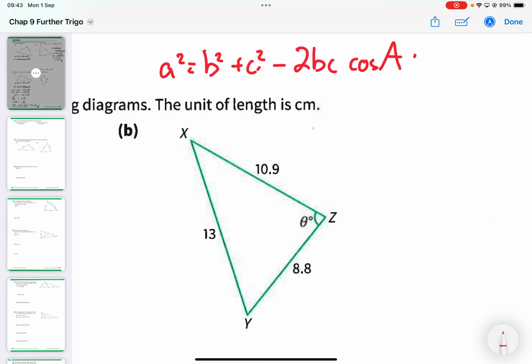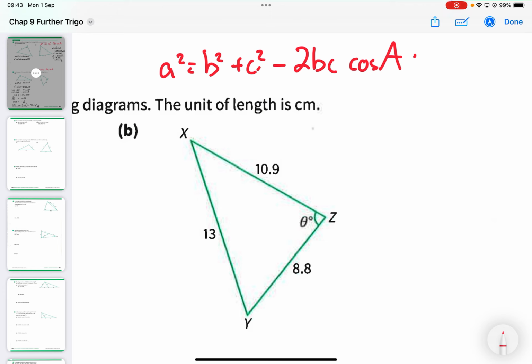So again, there is no pair of angle and side that we know. No right angle, cannot use SOH CAH TOA. No pair that we know, cannot use sine rule. So only can use cosine rule. When you know the 3 sides, you don't know any angle, then your only choice is cosine rule.